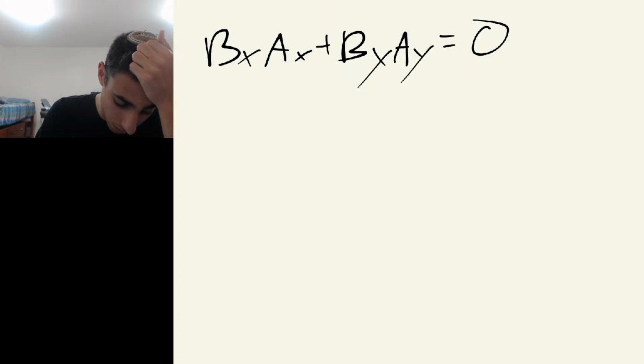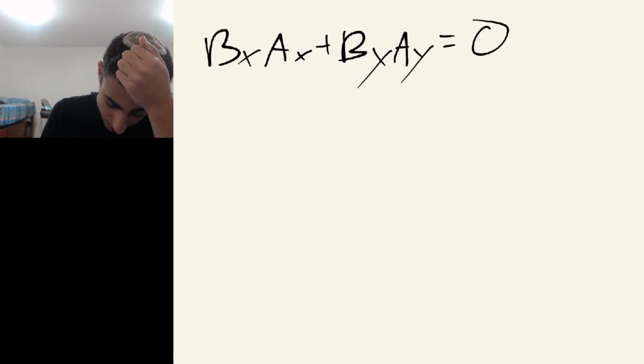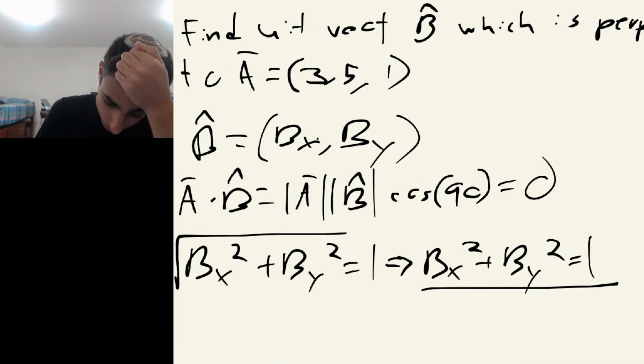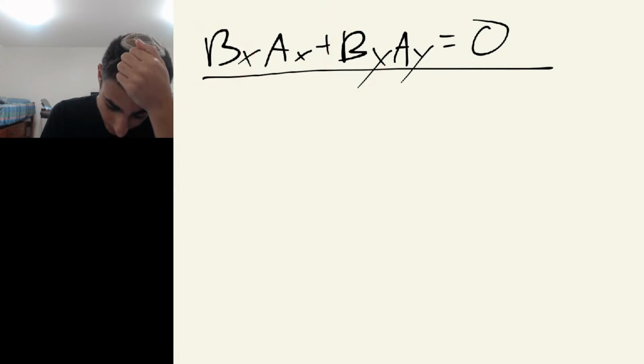That's the dot product. So now we have this, and we have this. We have two unknowns, bx and by. We know ax and we know ay, so we could create a system of equations.